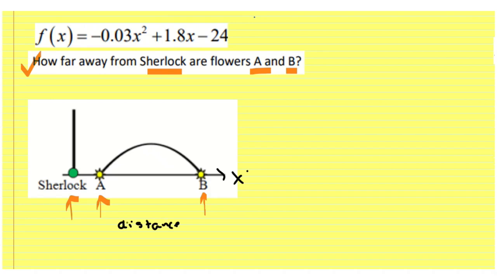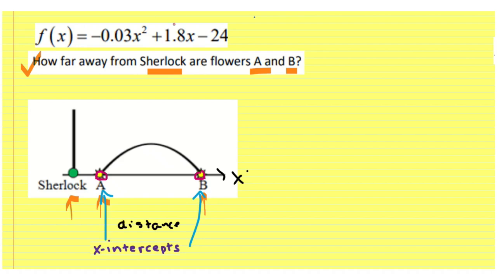But anytime we have points that are right on the x-axis, we call those the x-intercepts. So that is an x-intercept and that is an x-intercept. We can also call them zeros and solutions to our quadratic function.